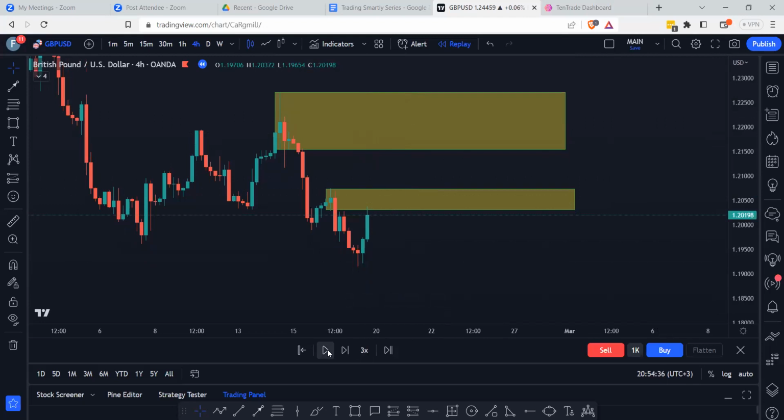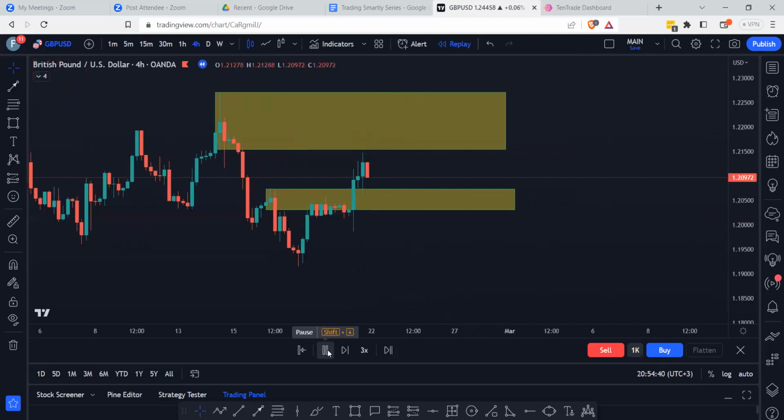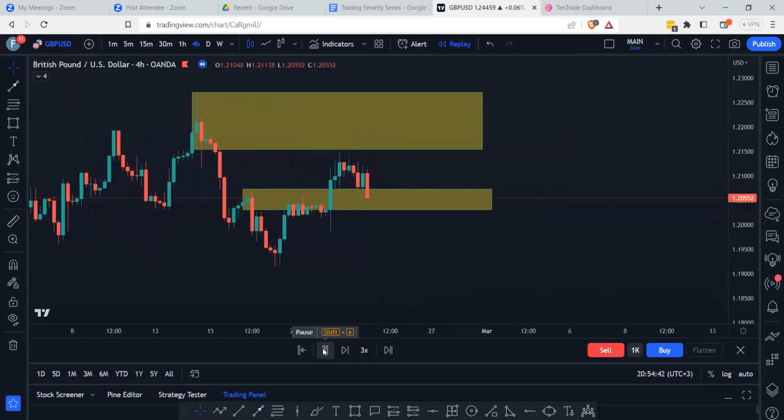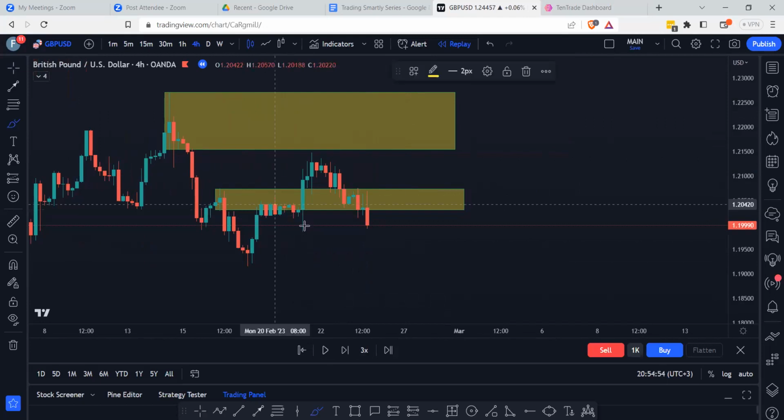Let's play it forward and see what price is doing. You can see how price is reacting at those zones. This resistance zone was ultimately broken, like so. There was a bit of action here actually, so you might have gotten a bit of entry here for little profit.